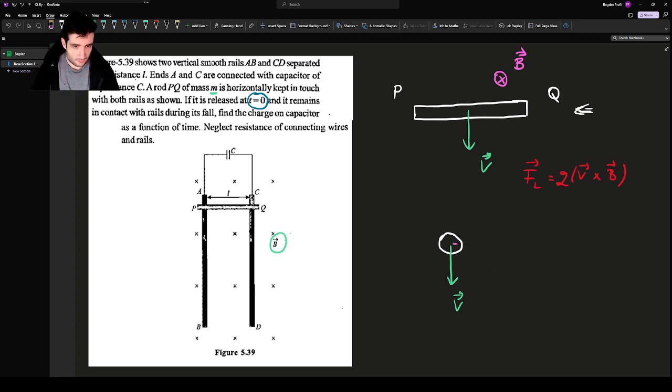And then B is acting this way. So in this case, what we will end up with is a force, an FL force, that will point out of the screen like this. And this is going to be the force acting on the positive charges. So it's going to act like this from this perspective.